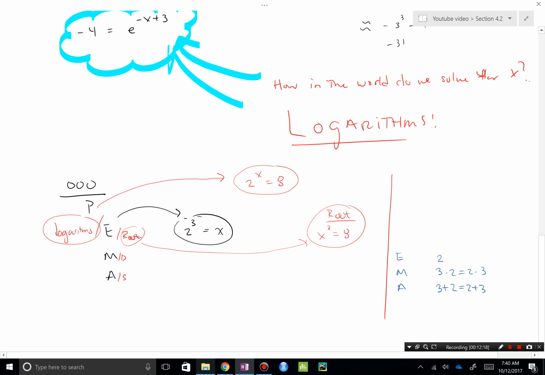With exponents, is 2 to the third power the same as 3 to the second power? Obviously, absolutely not.